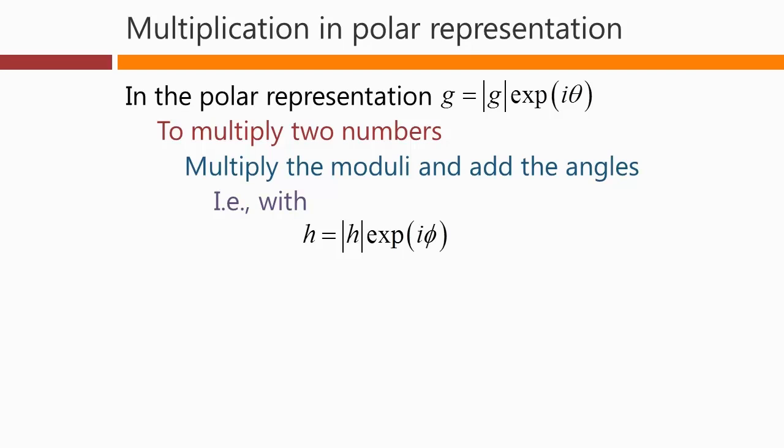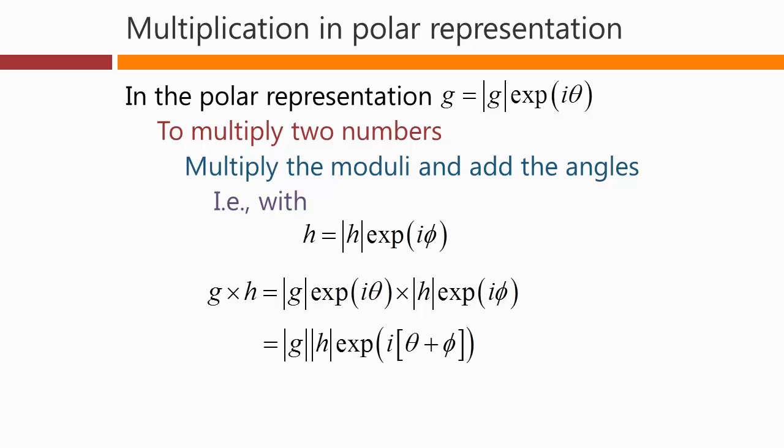So if we have another complex number h, which we can write as the modulus of h times exponential of I phi here, then g times h is modulus of g exponential of I theta times the modulus of h exponential of I phi, which is modulus of g times modulus of h, and exponential of I times theta plus phi. So multiplying those two numbers on the complex plane merely means we multiply the moduli and add the angles.